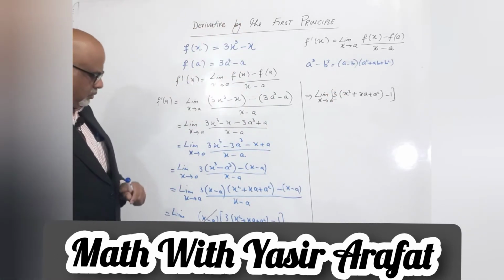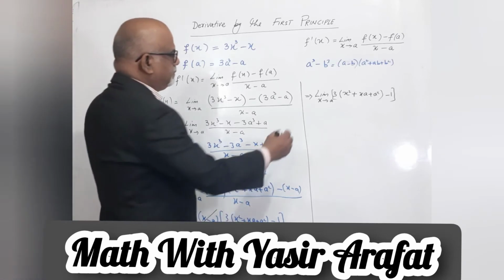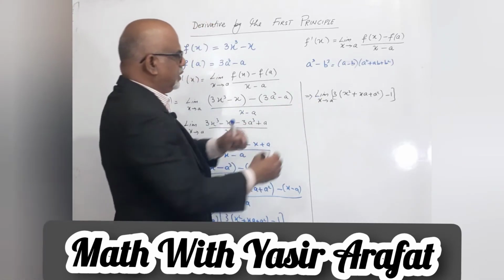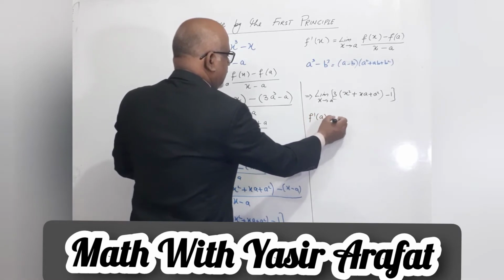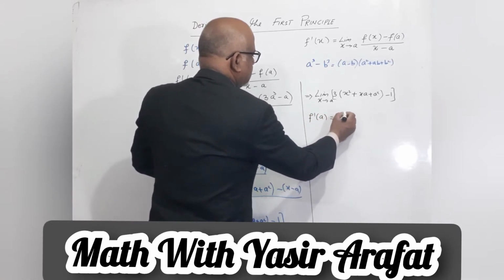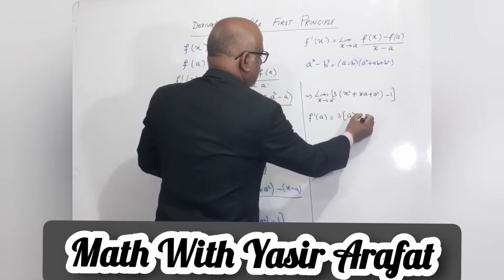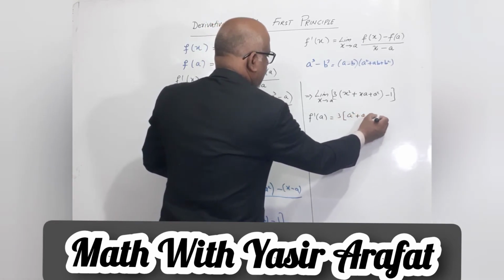Now we have to apply the limit here. X tends to a, so we have to put the value of x is equal to a. So this is a square, a into a, and plus a square.